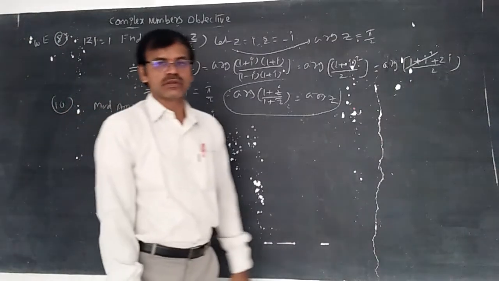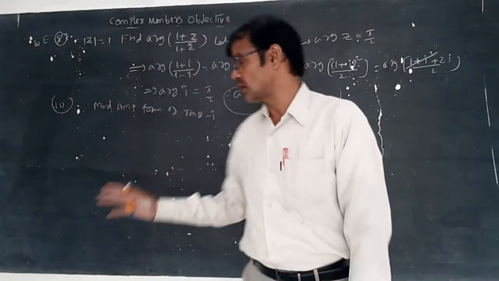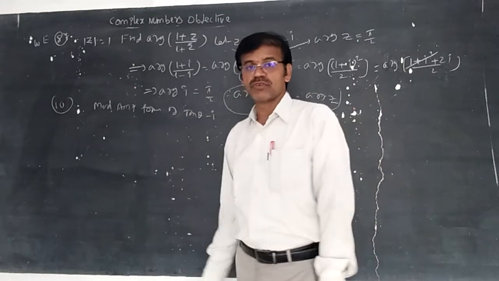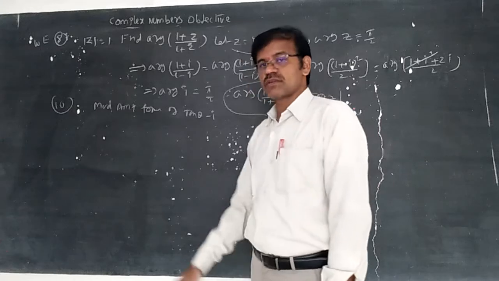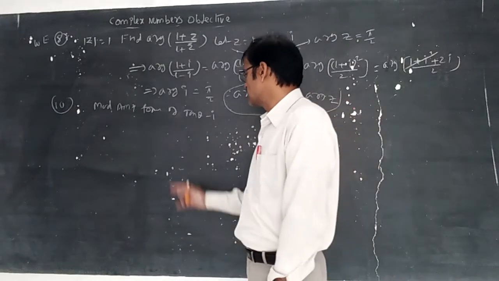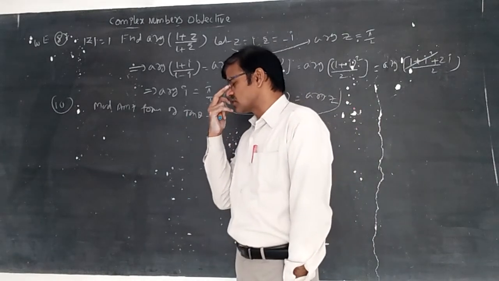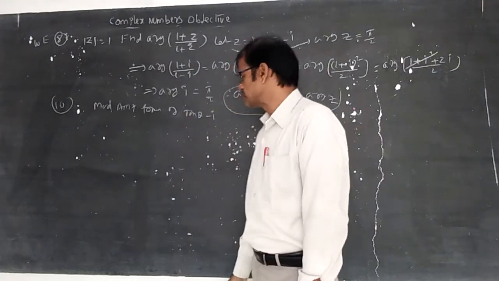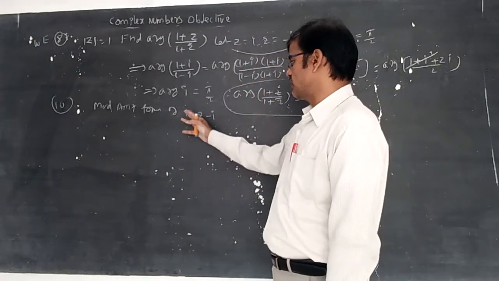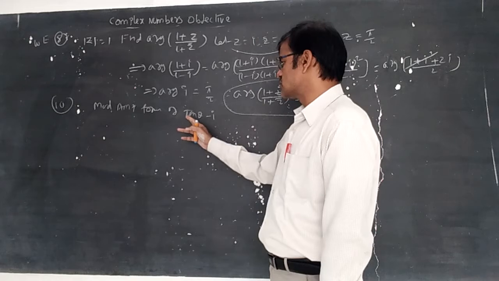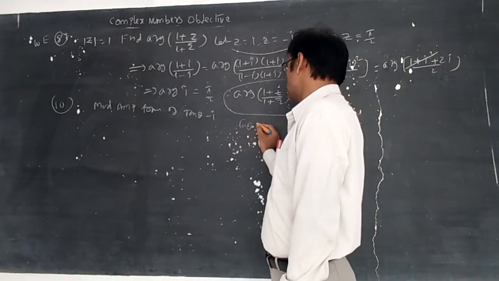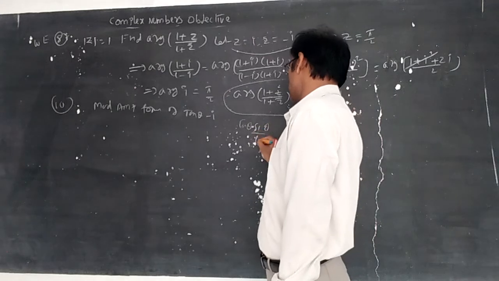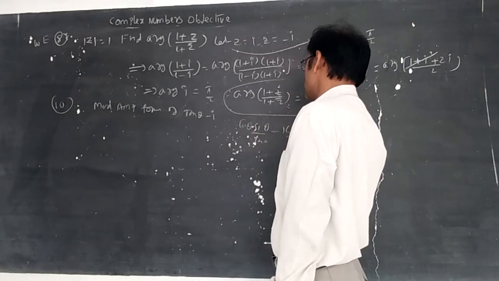Students, anyhow, the complex number mod amplitude form will be in the form of cos theta plus i sin theta. You should not get it like this; first of all, cos theta we should get. So cos theta into tan theta is equal to how much? Sin theta by cos theta. If we multiply and divide with cos theta here, we should get cos theta into sin theta by cos theta minus i into sin theta like that.